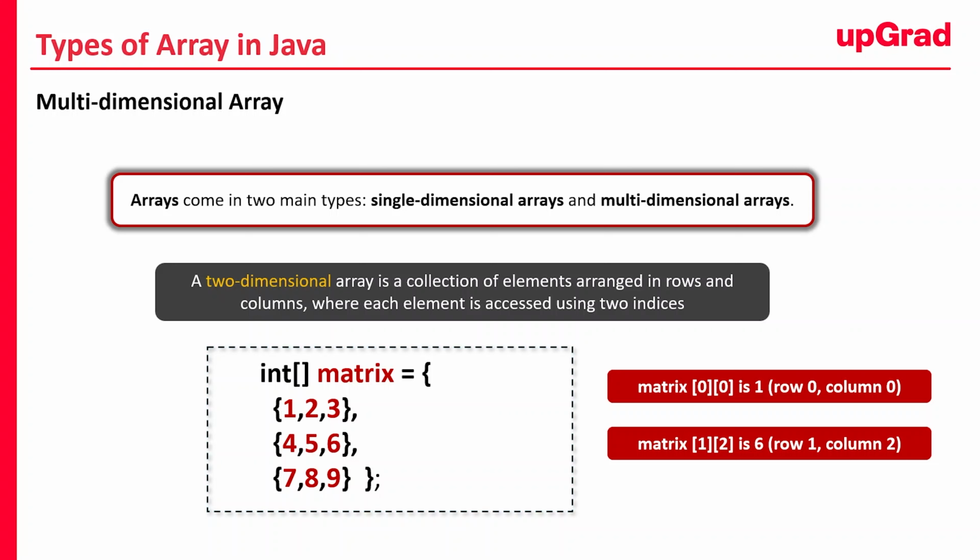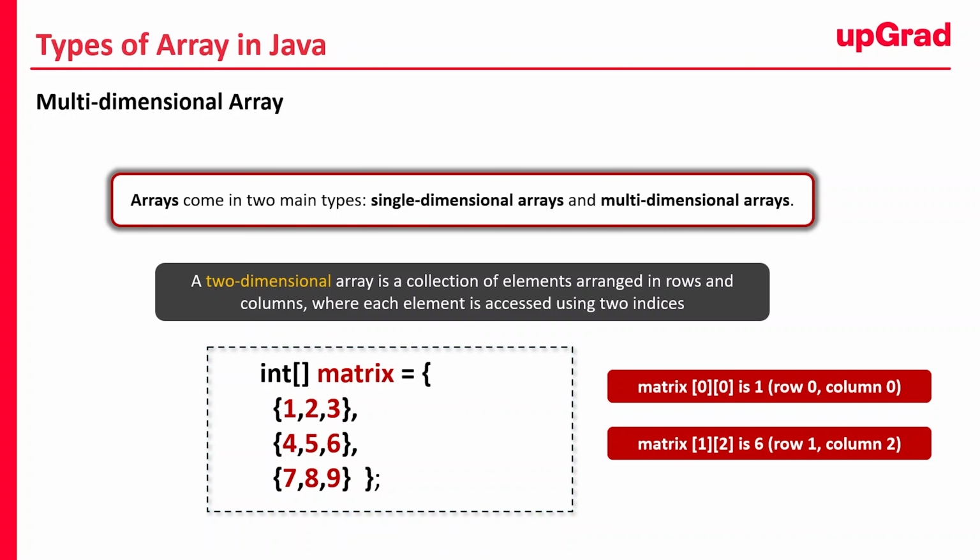As I told you, 0, 1, 2. So in that sense, 6 is at row 1 but column number 2. Alright. If you go through it again, you can easily understand what I'm saying. Basically the first index represents the row and the second index represents the column. This is very useful when you need to represent data in a table, like a chessboard or a matrix in math. Alright. So this was about types of arrays in Java.